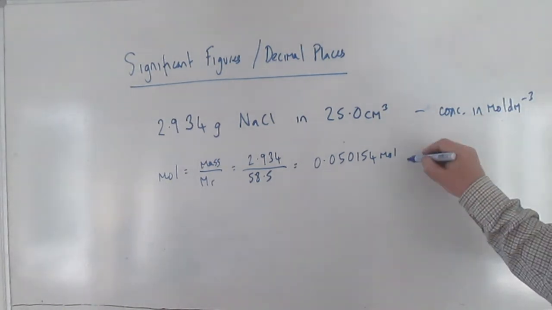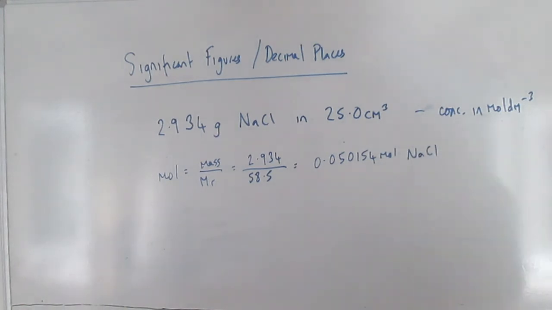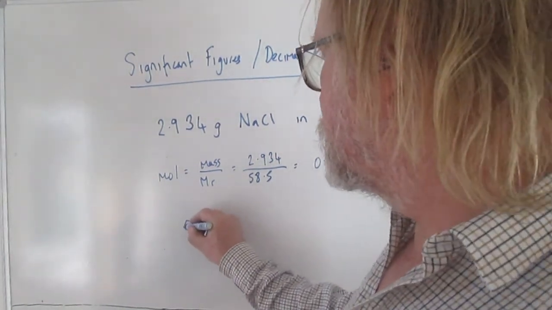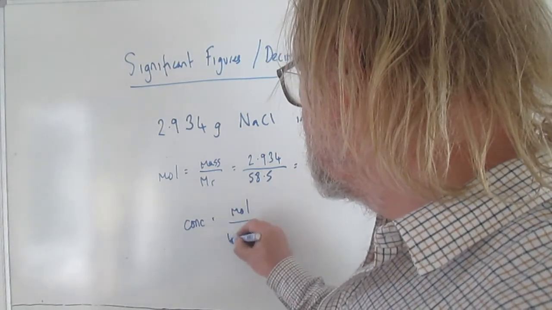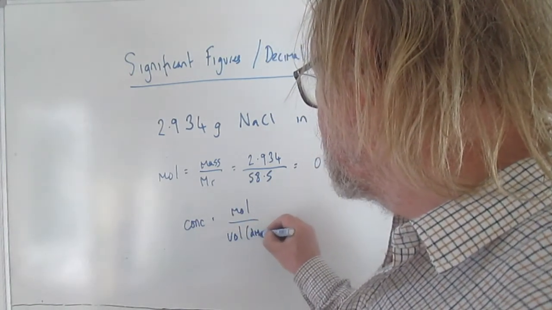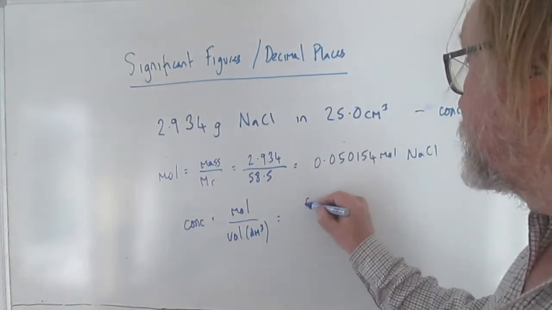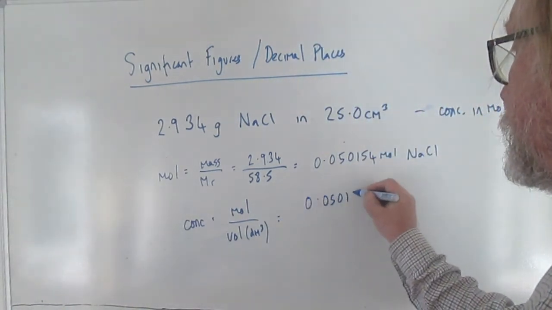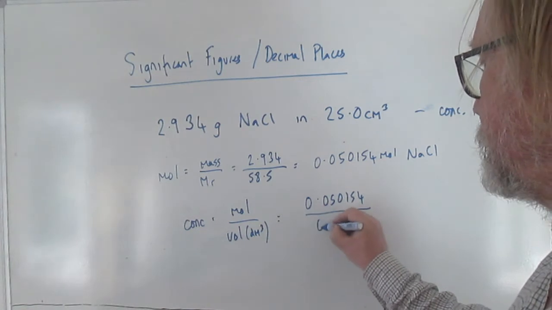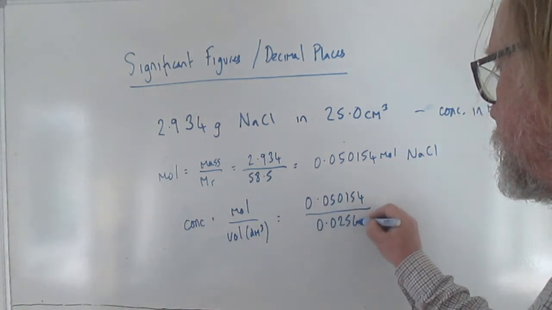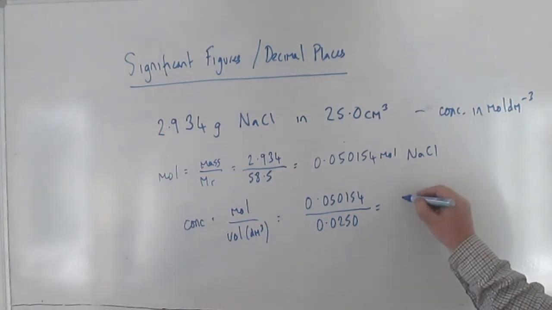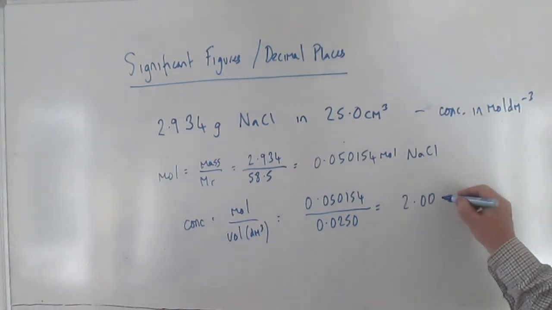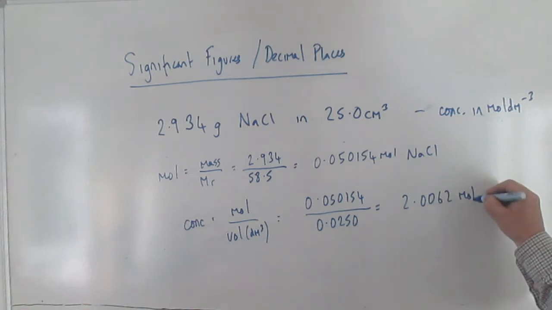So that's our moles of sodium chloride, and so then we can get that the concentration is moles over volume in dm³, which is 0.050154 divided by 0.0250, and that comes to 2.0062 moles per dm³.